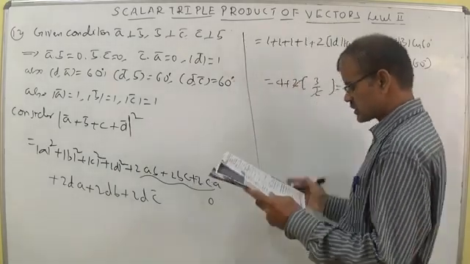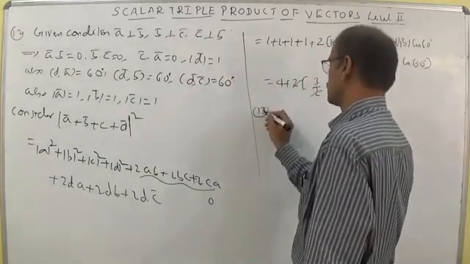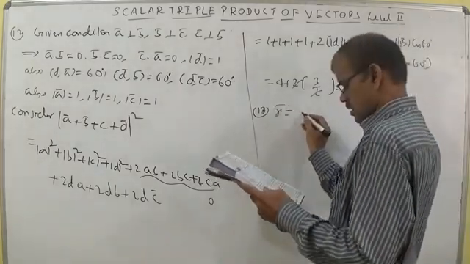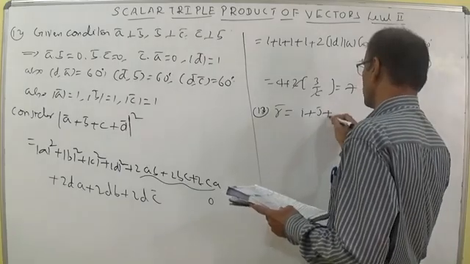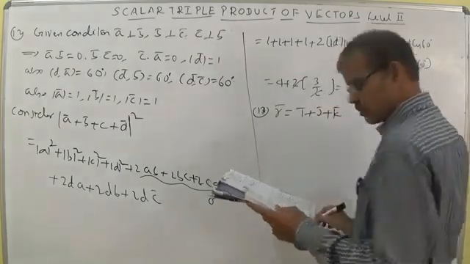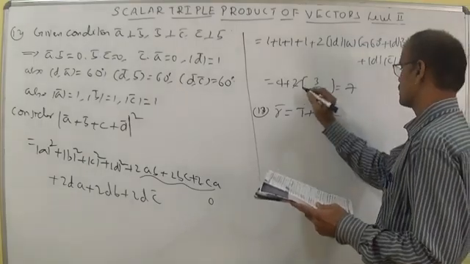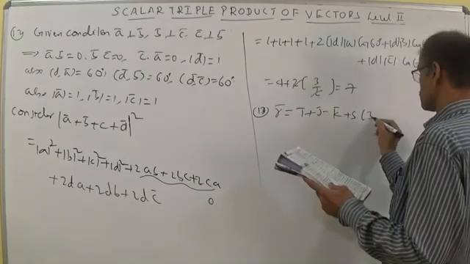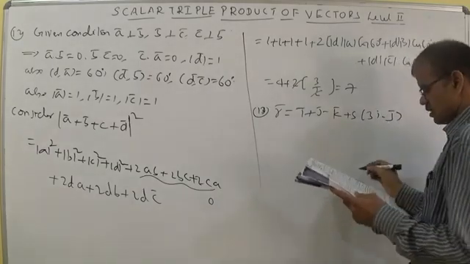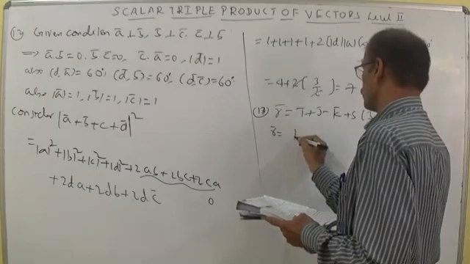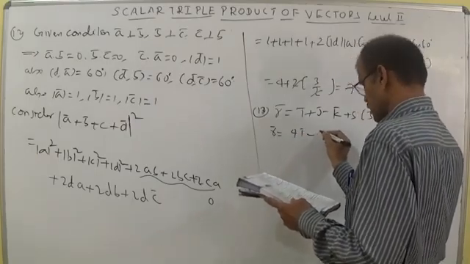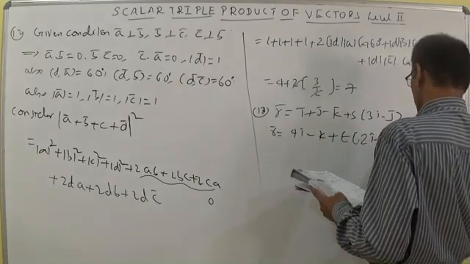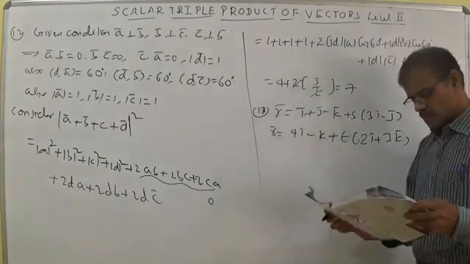Next, let us discuss the 13th question. R bar is equal to I plus J minus K plus S into (3I minus J), and R bar is equal to 4I minus K plus T into (2I plus 3K).